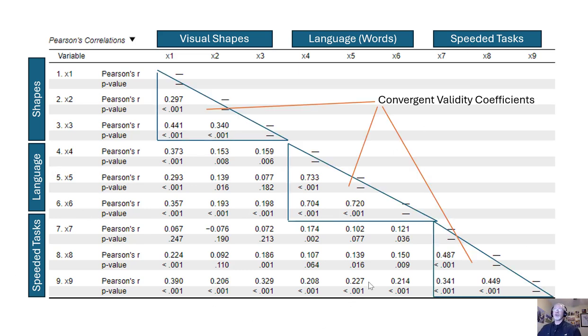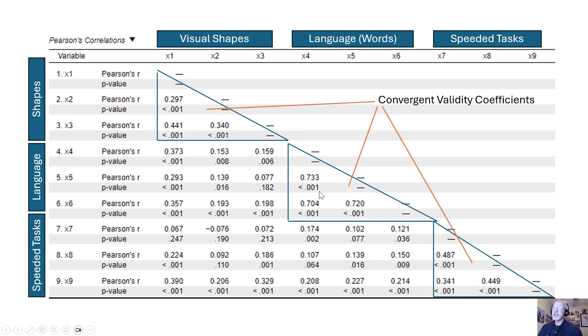Let's take a look first at the upper triangles. These clusters of variables within each one of the traits. So here I have multiple measures measuring spatial ability. And I notice that they tend to correlate significantly. A moderate correlation would be about 0.3. A strong correlation is around 0.5. So they're moderate to strong. For verbal ability, the correlations are very strong in the 0.7 range.